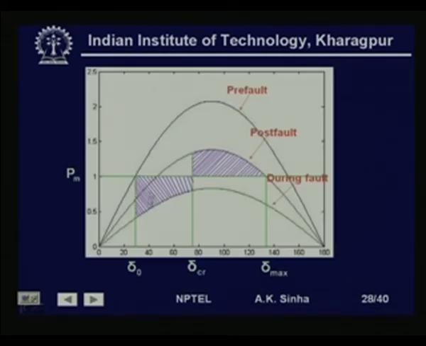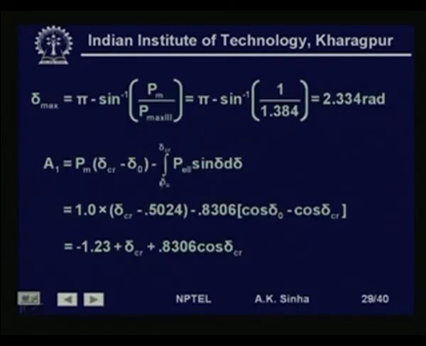That is, we are saying this rectangle, which is P m into delta CR minus delta 0, is subtracted from the area below this curve, which is the integral from delta 0 to delta critical of this characteristic. So, we are writing P e 2 sin delta d delta. Okay. So, this is the accelerating area that we have.